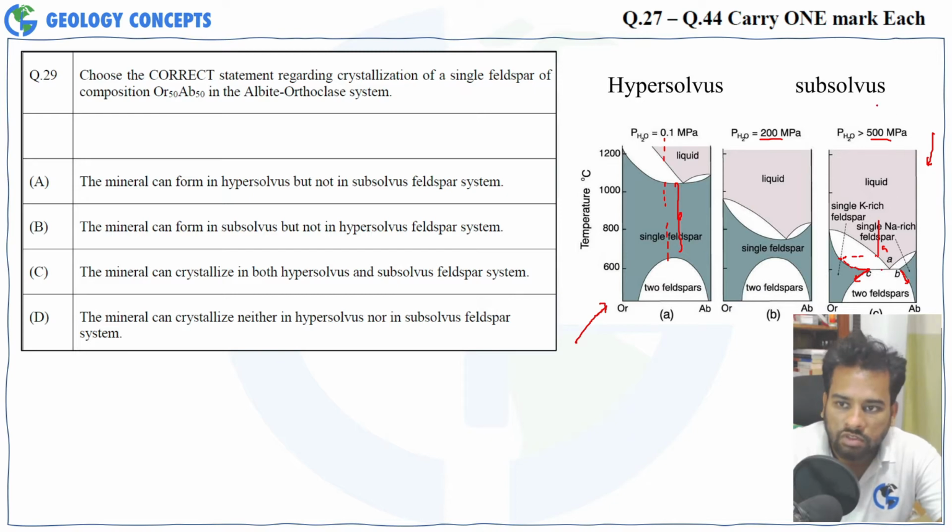Therefore in subsolvus it is not possible to have an orthoclase 50 and albite 50 single feldspar. You will get that composition, but there will be exsolution before the single feldspar forms. So the mineral can form in hypersolvus but not in subsolvus feldspar system. So A will be the correct option.